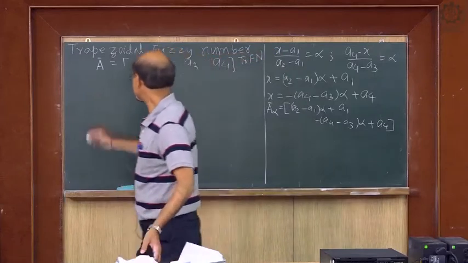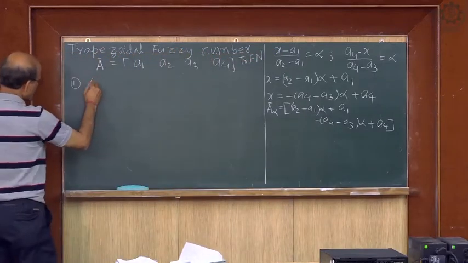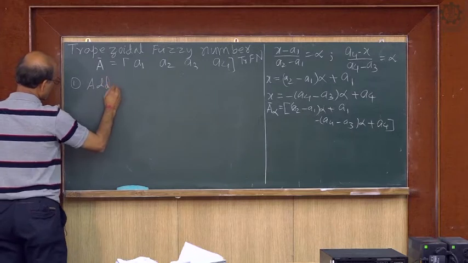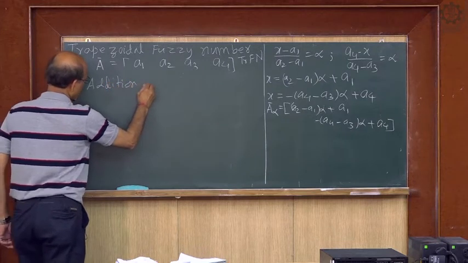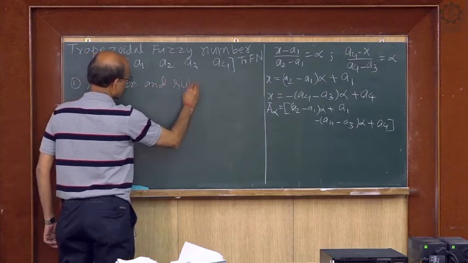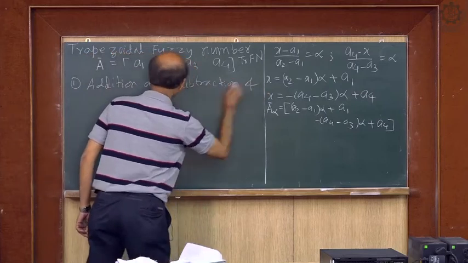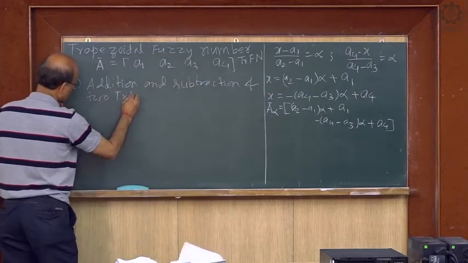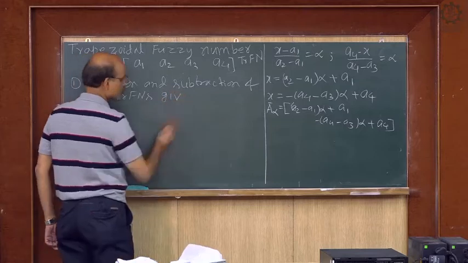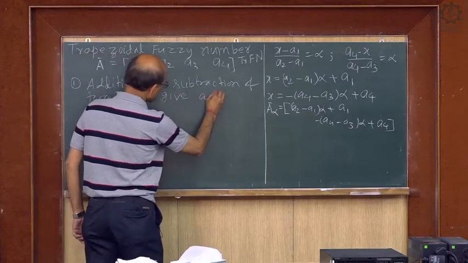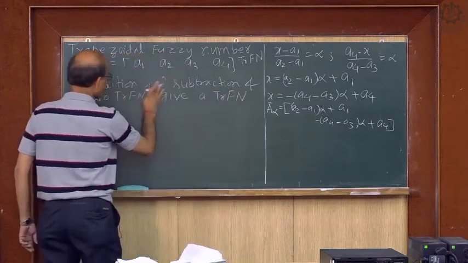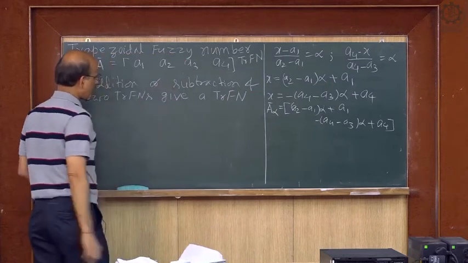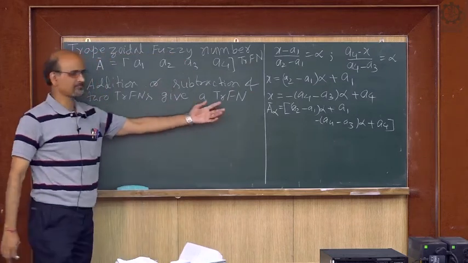So, first one is addition and subtraction of two TRFNs give a TRFN. Addition or subtraction of two TRFNs give a TRFN.